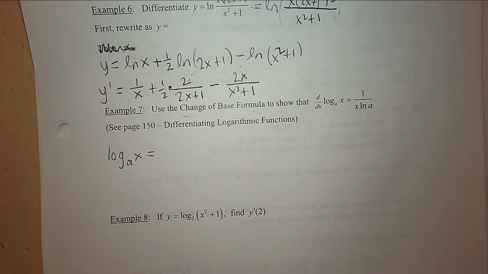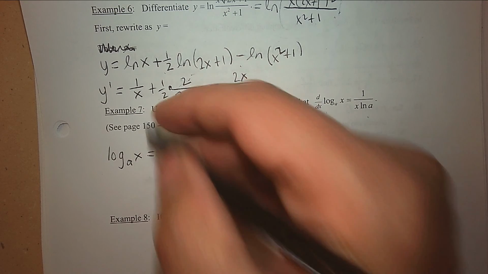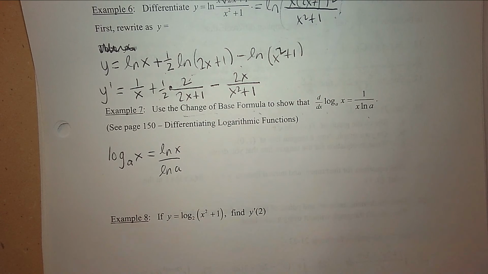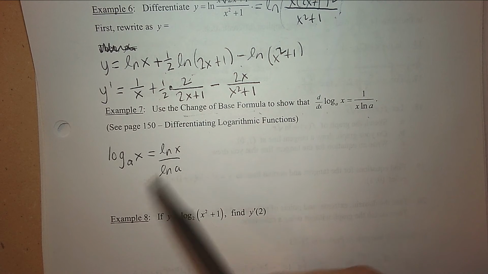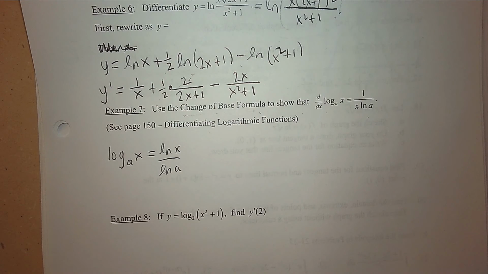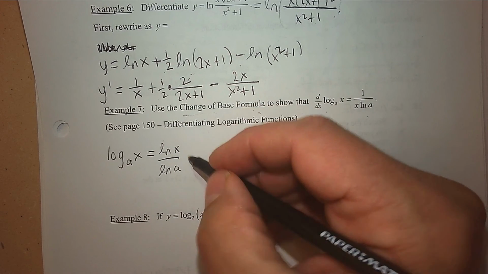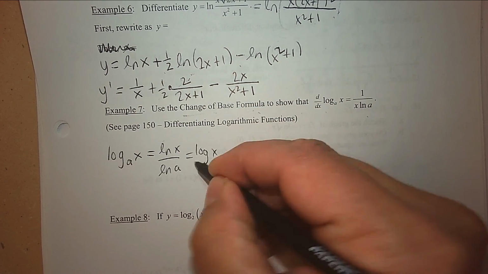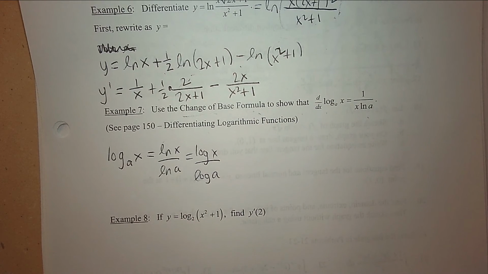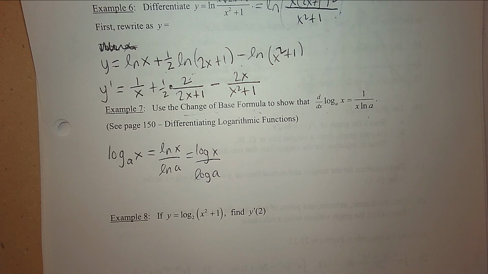That has a base of e. Ln. So this means the same as ln x divided by ln a, where a is a constant. You could do that with any logarithm. Normally we do this using a common logarithm, that'd be base 10, log x divided by log a. It's also equal to this. But for calculus, to change it to log x divided by log a is not as helpful. We want a base of e.